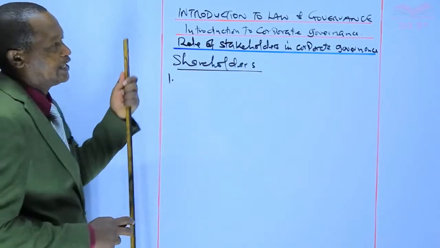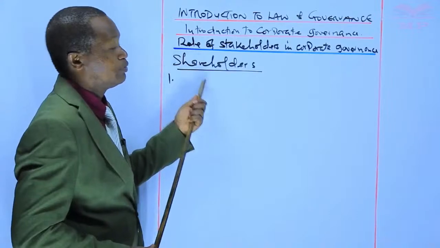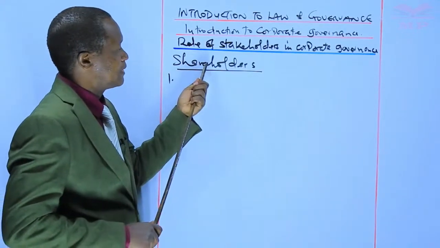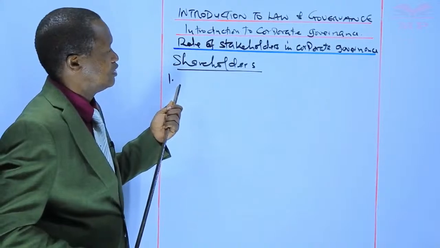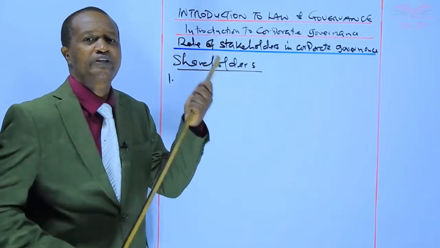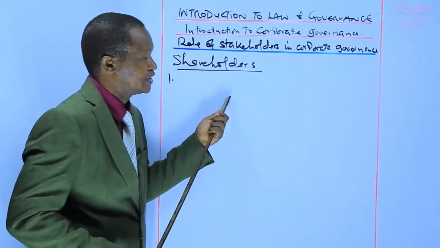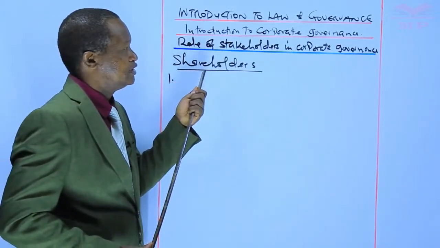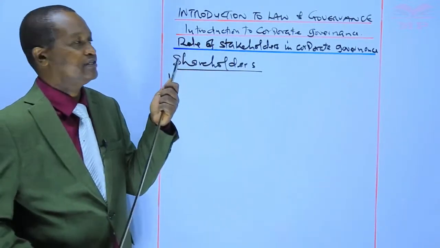So directors or the board of directors is a group of individuals who are appointed by the shareholders. So that is the first important role of the shareholders, to appoint the board of directors. And when appointing the board of directors, the board should comprise individuals who are competent and reliable.